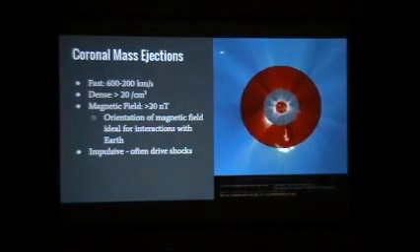They will also act as snow plows and drive compressions of the plasma. And so the densities ahead of them will be larger than 20 particles per centimeter cubed. They'll have really strong magnetic fields, larger than 20 nanotesla. But what's really important about coronal mass ejections is that the orientation of the magnetic field tends to be kind of a wild card.